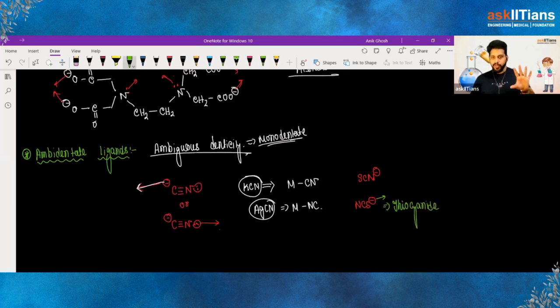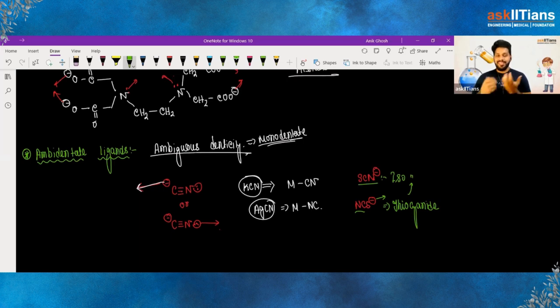You have CN already. Thio means sulfur, azo means nitrogen, correct? Like cyanide and isocyanide, similarly, thiocyanide and isothiocyanide. Just add iso: isothiocyanide. These are the compounds. Okay, guys, this much is clear.